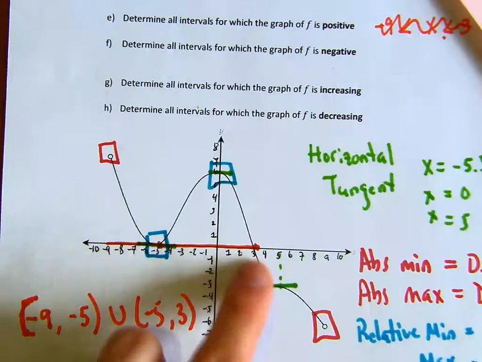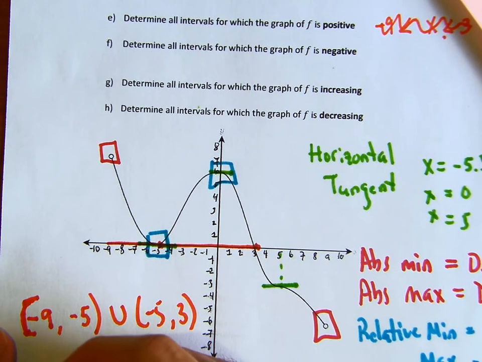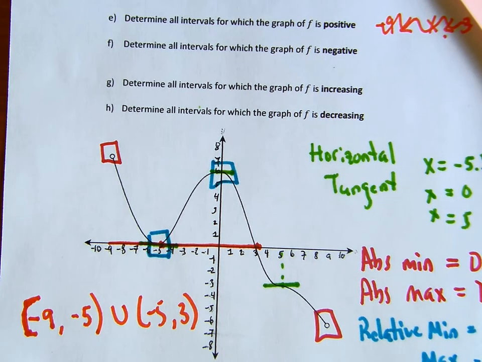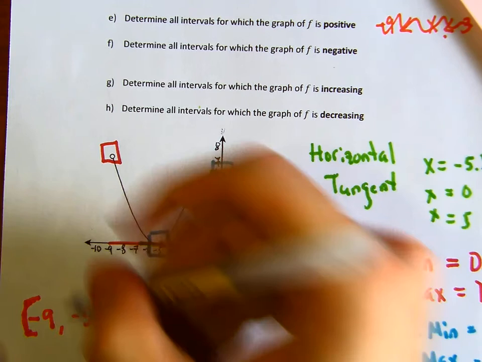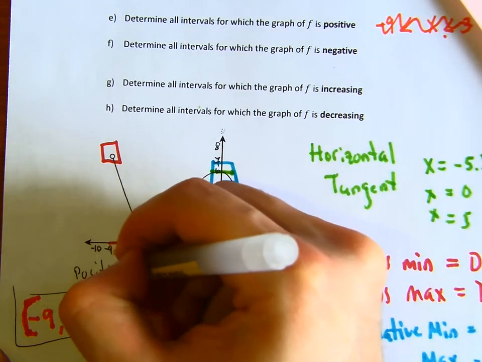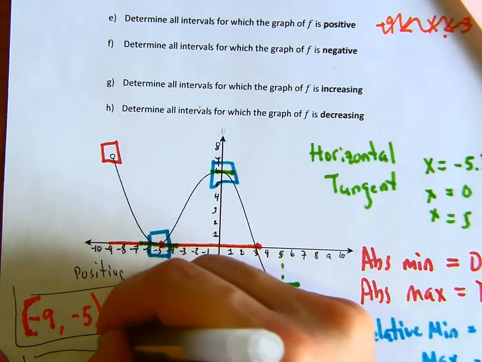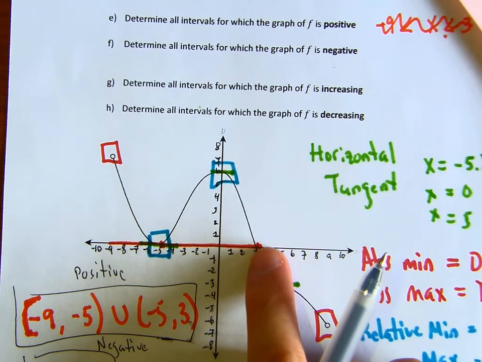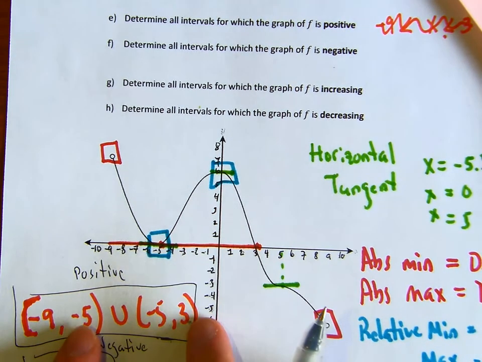When is the graph negative? It's from 3 to 9 inclusive. So this is positive and this is negative. Because remember, at -5 and at 3, it's neither positive nor negative, it's 0.